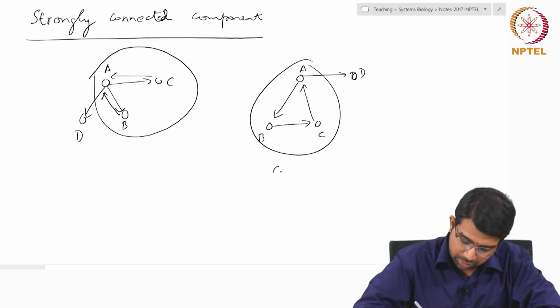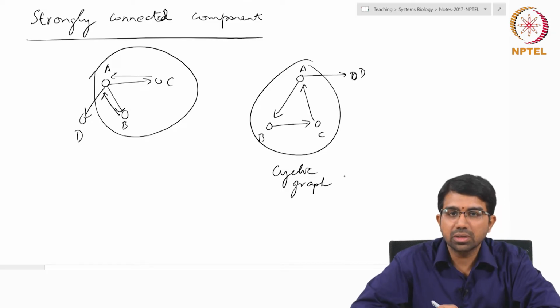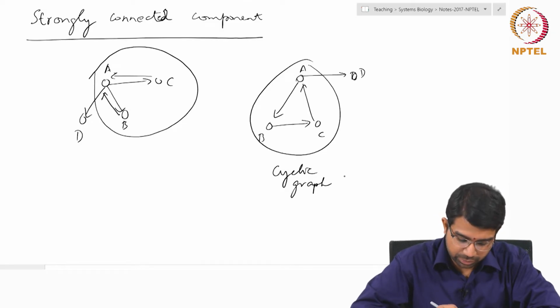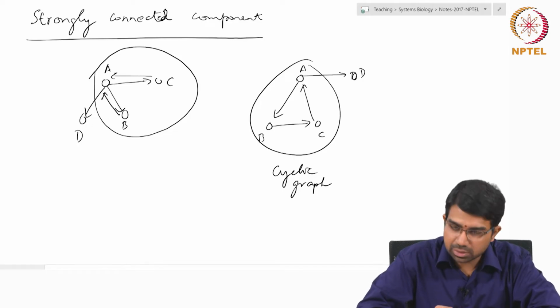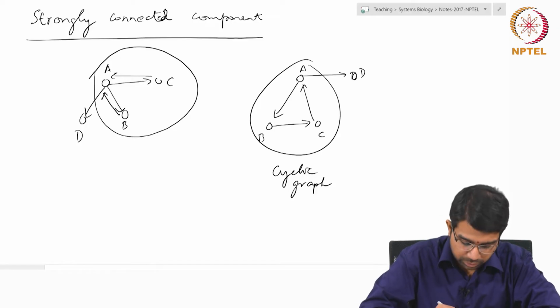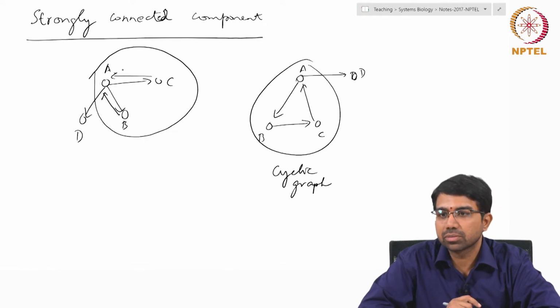This is a graph where there is a cycle. In this graph you again have smaller cycles, an AB cycle and an AC cycle. There is a path from a node to itself, that is the definition of a cyclic graph.